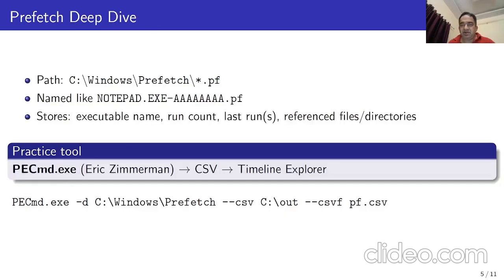Here there are three things we have to note down. First is the location, the path: C:\Windows\Prefetch. The second is the naming: any file name with the extension .pf. And the third thing is the contents. The contents include run count, last run times, and reference files or directories.